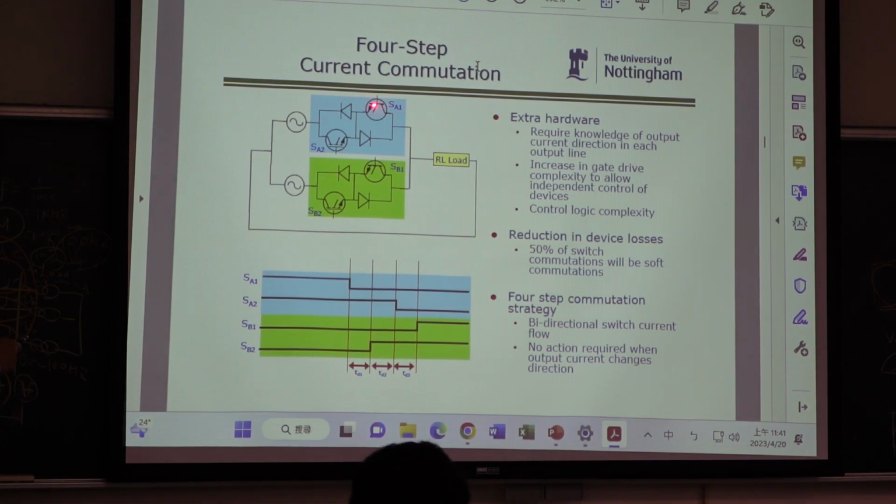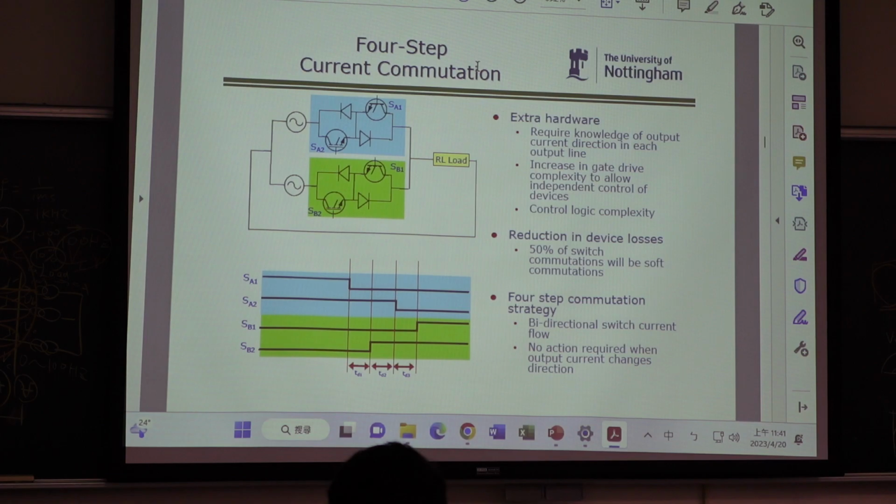Here you can see SA2 is turned on, but SP2 is also turned on. If you turn on this switch and I turn on this switch, is it okay? You have a switch.